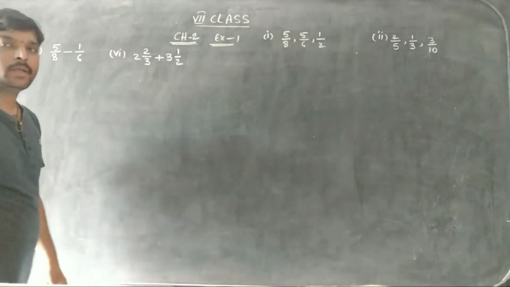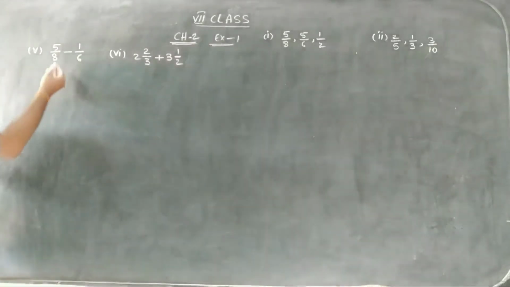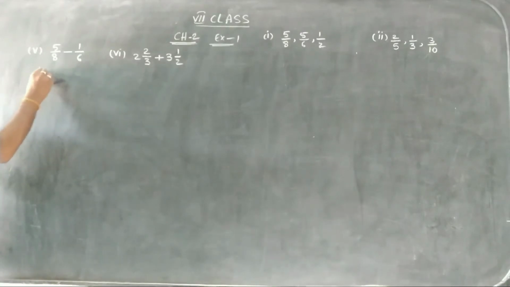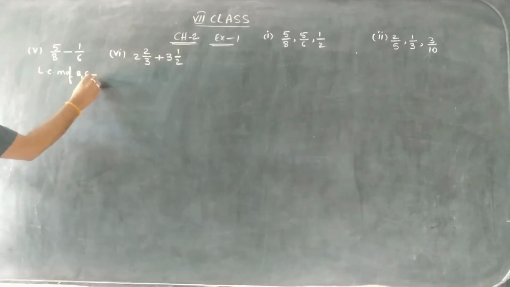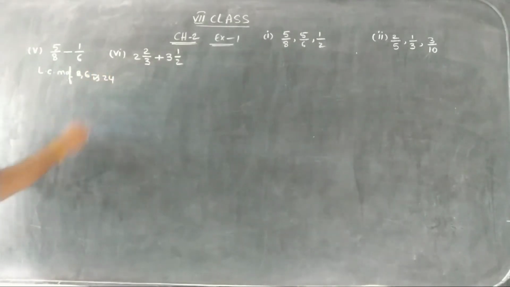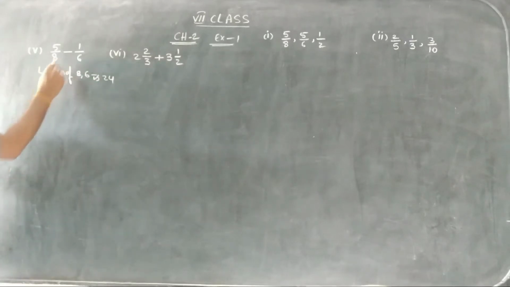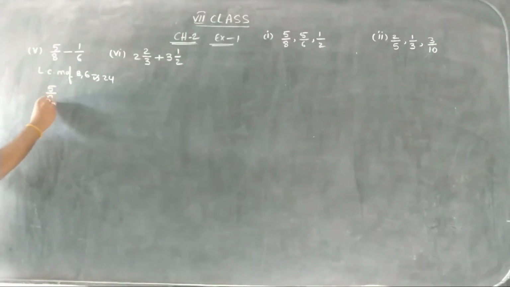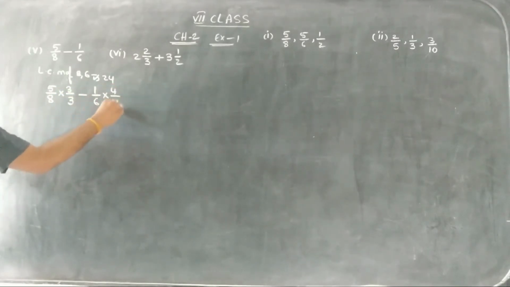Now here 5 by 8 minus 1 by 6. Here LCM of 8 comma 6 is 24. Now take LCM for 8 3s are 24. 5 by 8 into 3 by 3 minus 1 by 6 into 4 by 4.